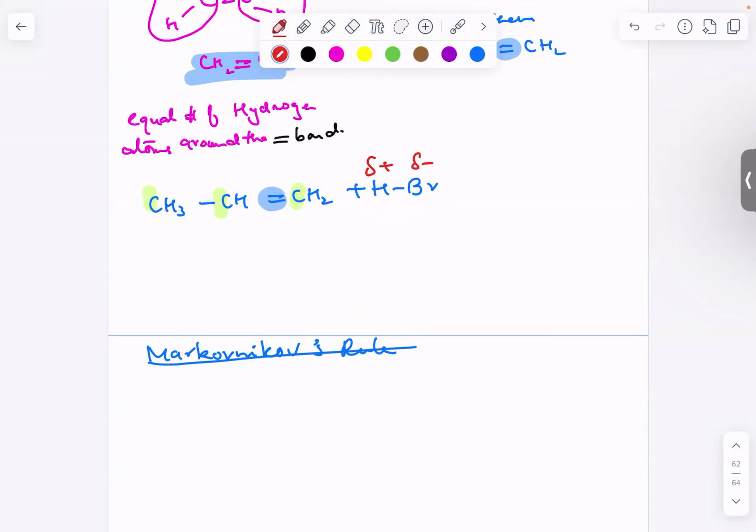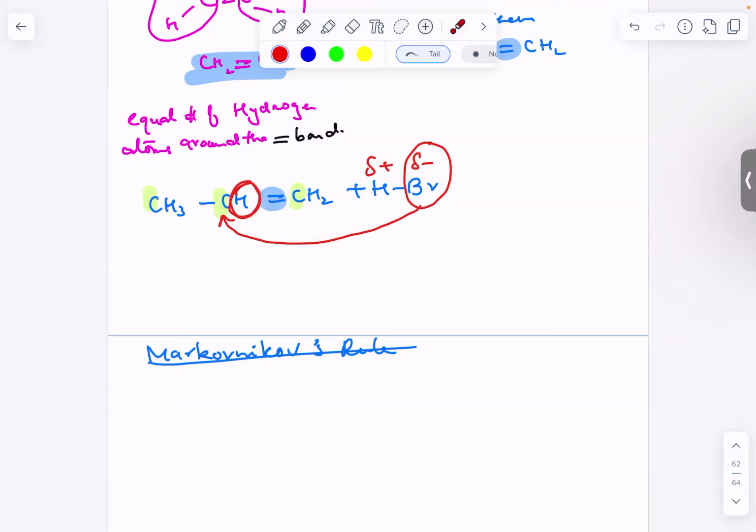This rule says that the electronegative part of the molecule adds to that carbon atom which has the lowest number of hydrogen atoms. Is it clear? I'm repeating again. This is the rule, you need to memorize it: the negative part of the molecule adds to that carbon of the double bond which is connected to the lowest number of hydrogen.